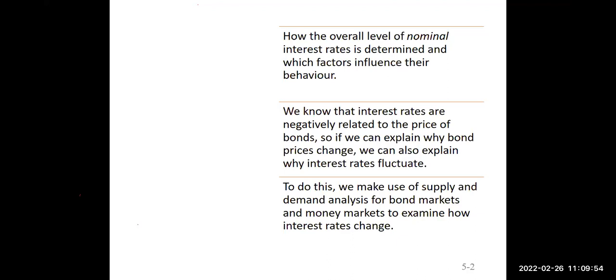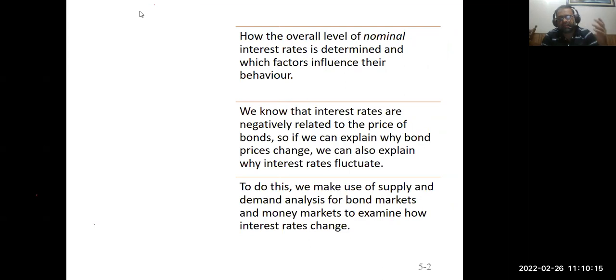If these changes are going to push the price of the bond up, we should expect the interest rates to go down. And if the changes that we will be discussing are making the price of the bond go down, we can assume that the interest rates are going to go up. So the up and down movement of interest rates will depend on the changes in the price of the bond. If the price goes up, the interest rate goes down.